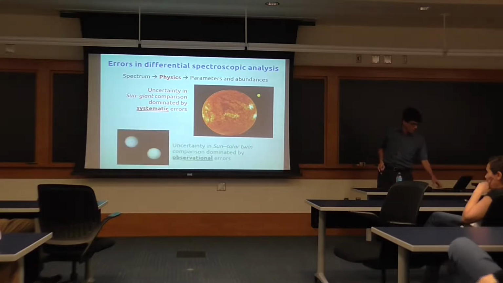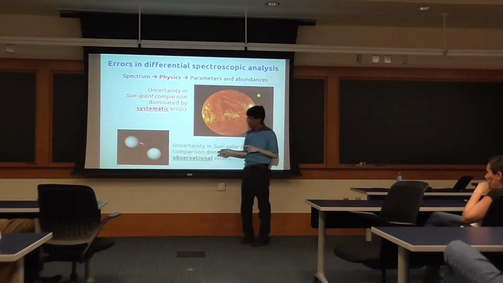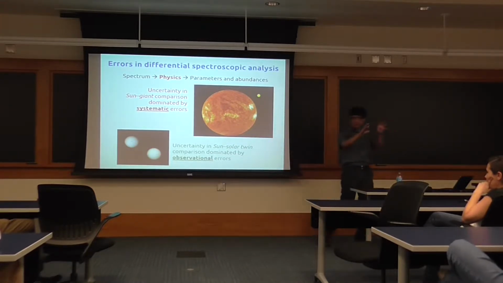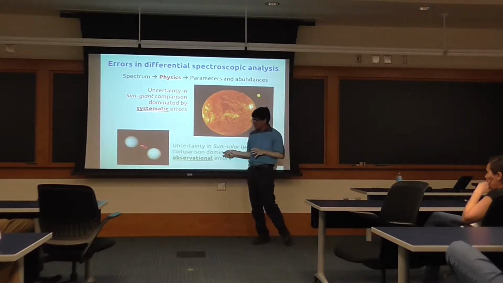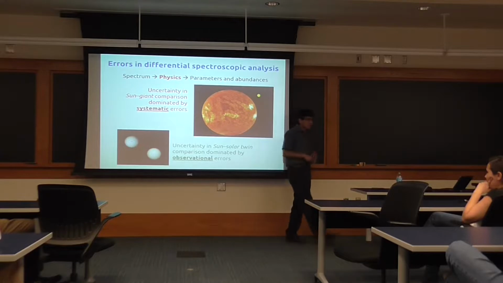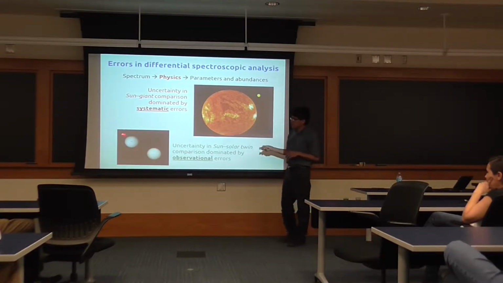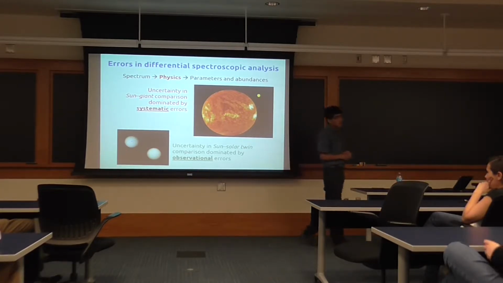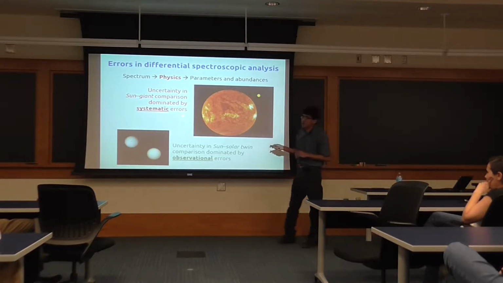The situation is different when the two stars are the same. If you have two stars which are the same, they don't need to be solar twins. They can be just twins of each other. Even if the physics is incomplete, not fully known, if we do a direct, strict differential comparison of the two, all of those limitations, all of those problems with the physics, all of those systematic errors essentially cancel out.